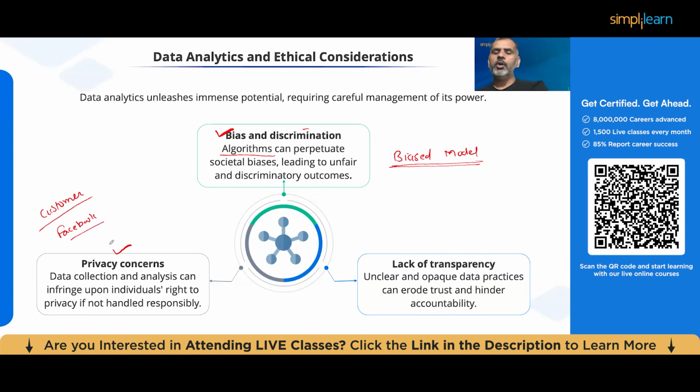If you do not handle it properly, this information can be used in other ways, and you can simply impersonate a person. A digital entity can be created which is going to impersonate a real identity. So it is very important to have data ethics in the process of data analytics.